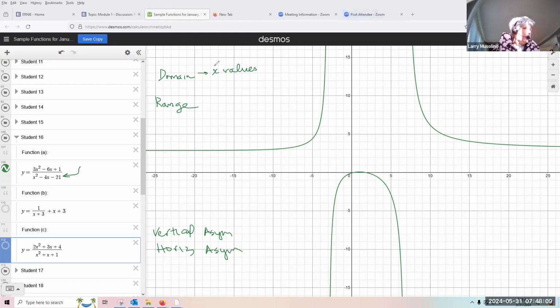When you're looking at a graph, the domain is really the horizontal span of the graph. What that means is you want to look at the graph and ask yourself, how far does this graph extend from left to right? And are there any breaks or gaps for the x values?